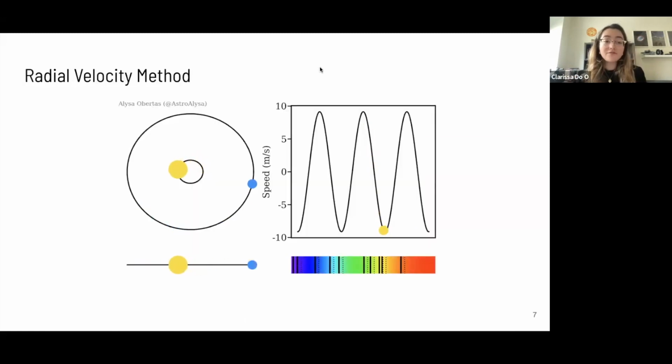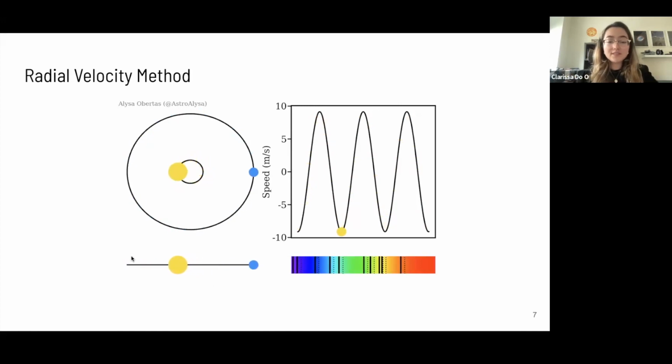We have another method for finding exoplanets called the radial velocity method. For this method, we again look at the star, this time at its spectrum, the component wavelengths of the star. We often say that planets orbit around the star, but really both the star and the planet are orbiting around the center of gravity of the system.